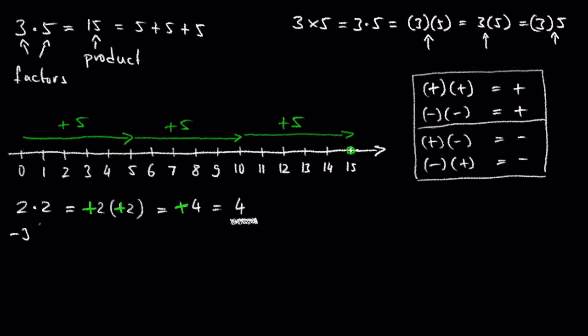Negative 3 times negative 3. Same signs. The product 9 is positive. So negative 3 times negative 3 is equal to 9.